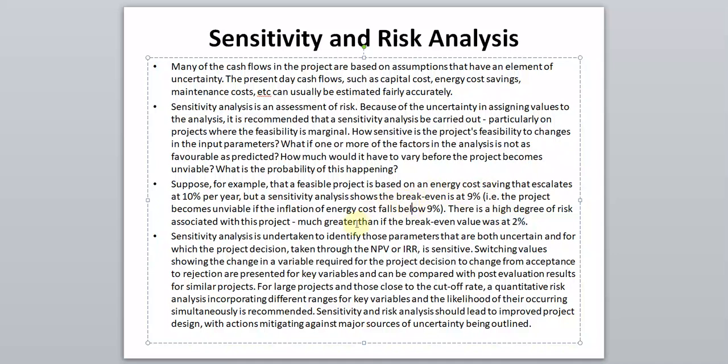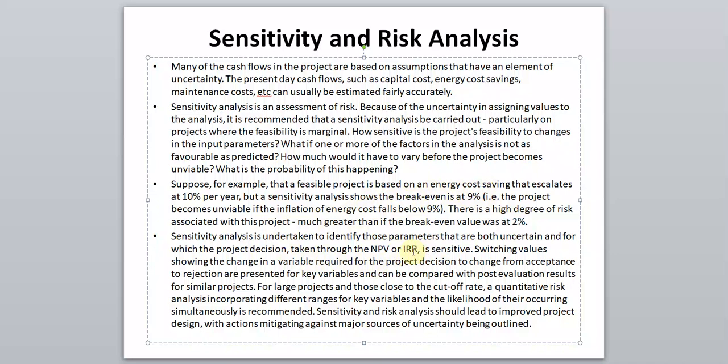Now, sensitivity analysis is undertaken to identify the parameters that are both uncertain and for which the project decision is sensitive. So now here net present value and internal rate of return are sensitive.